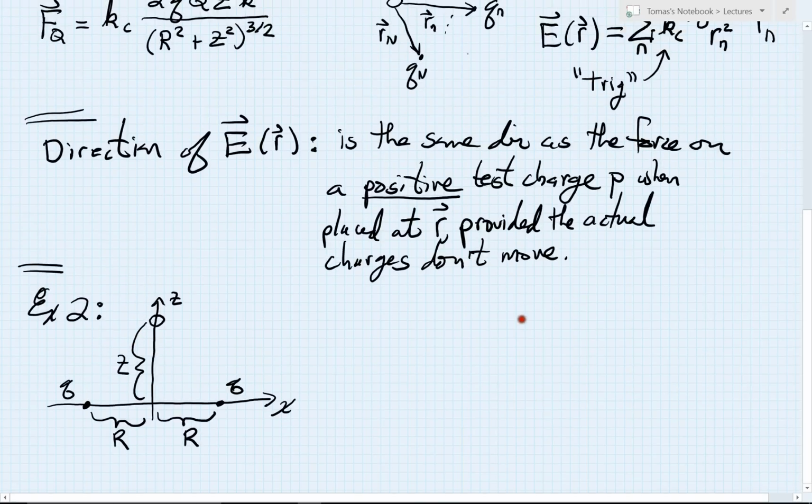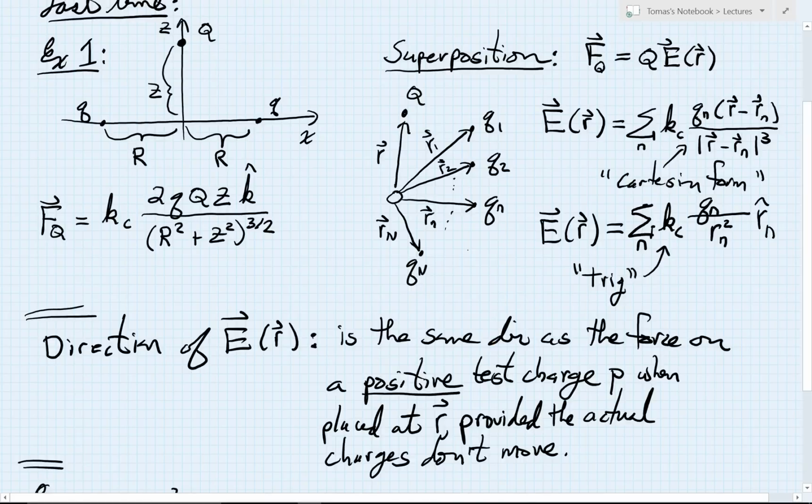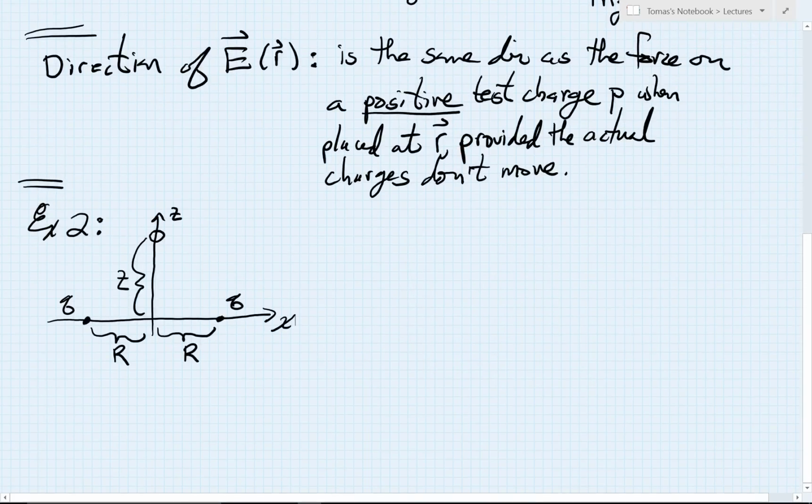But the main difference from our previous example is that I am not going to place an actual charge at that location. I'm going to leave that location empty. That's why I'm denoting it by an open circle. And what I want to ask instead is, what is the value of the electric field at this particular location?